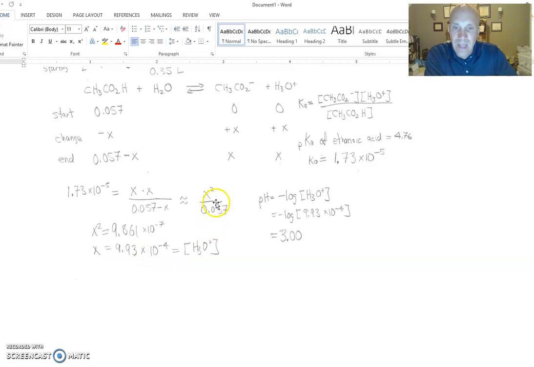Since x also happens to be our final concentration of H3O plus, and the concentration of H3O plus is what you use to calculate pH, we just plug this number in for the concentration of H3O plus, and we end up getting a pH of 3.